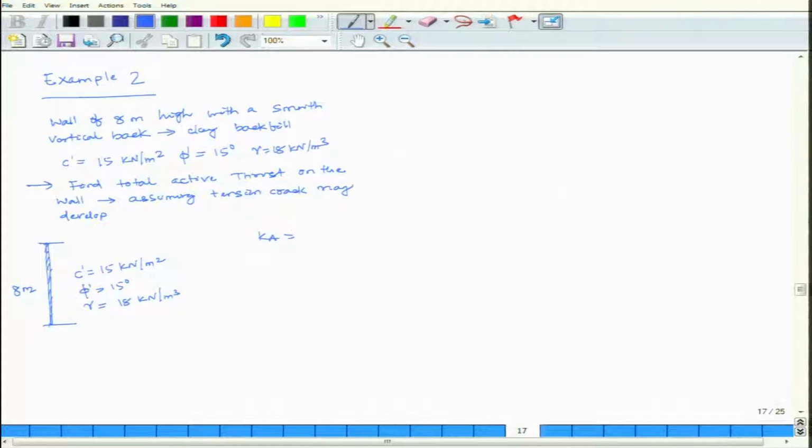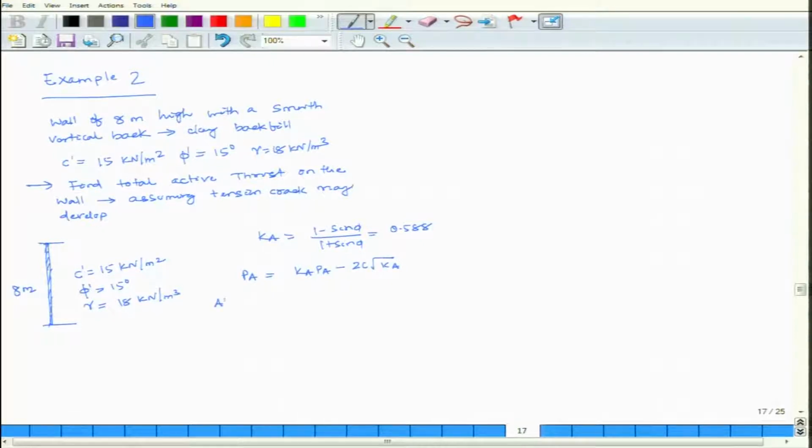Ka is equal to 1 minus sin phi by 1 plus sin phi, which is equal to 0.588, and Pa is equal to, it is a cohesive soil, so it is Ka into Pv minus 2c root over of Ka.